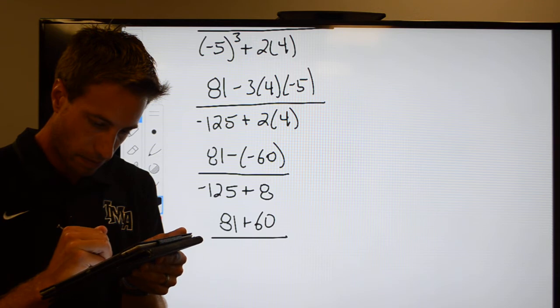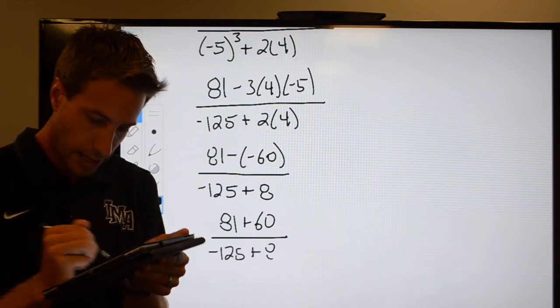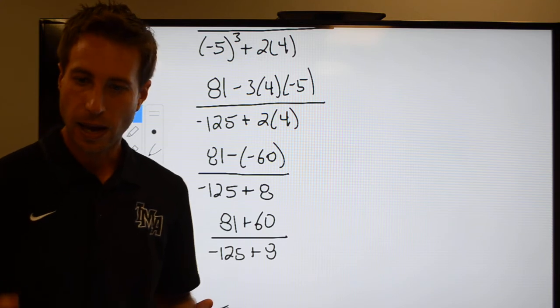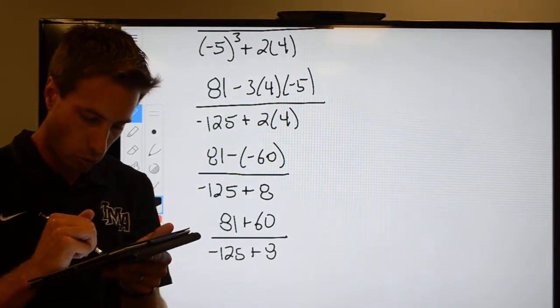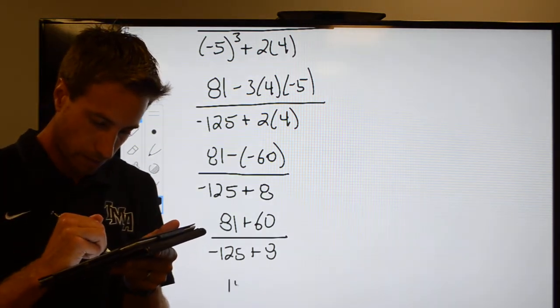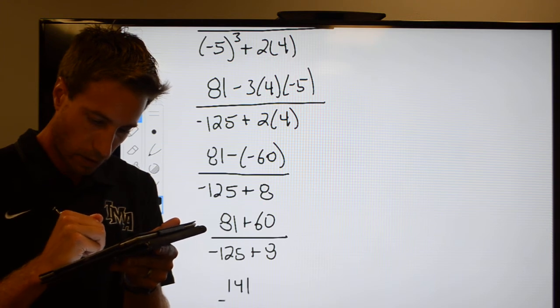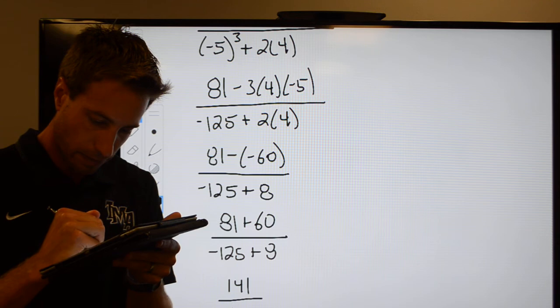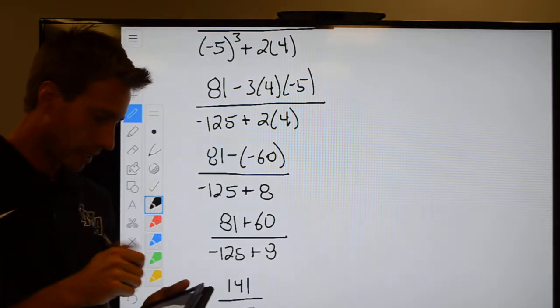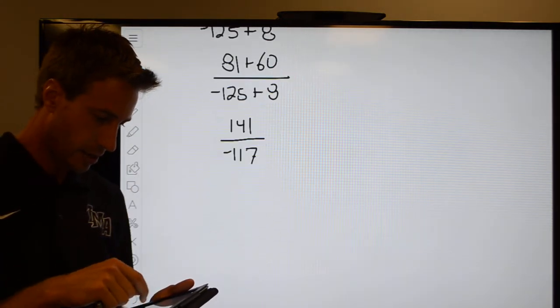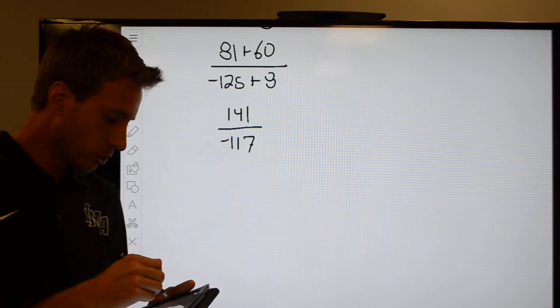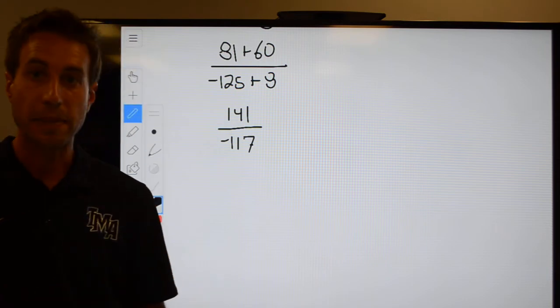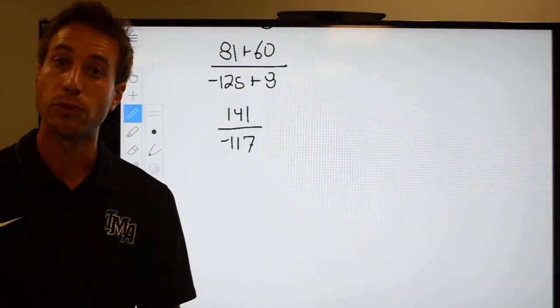In the bottom, -125 plus 8, and 81 plus 60, I get 141, all over -117. Now, let me slide that up because that is getting down near the bottom. It looks like what is going to happen here is it should be reducible.